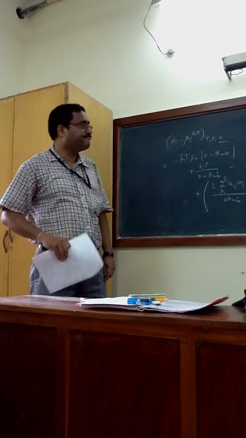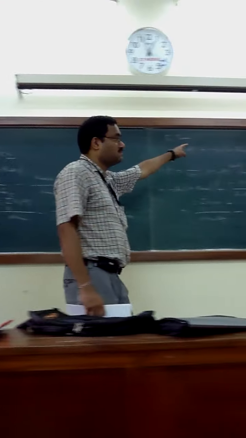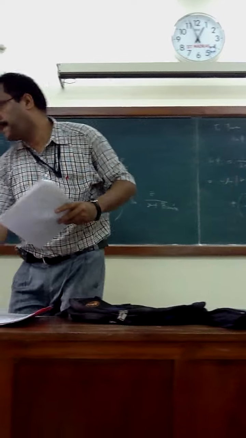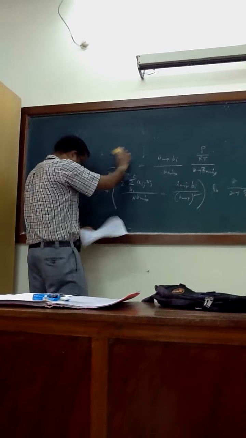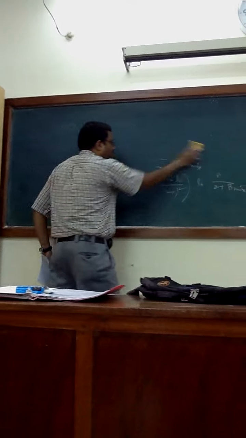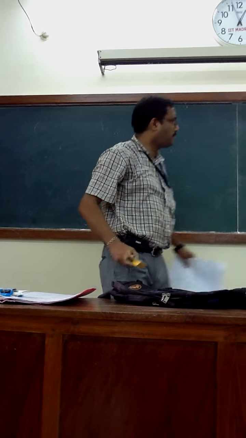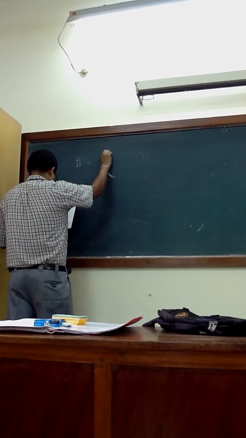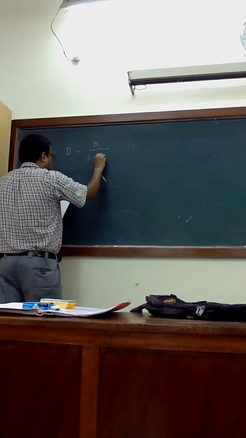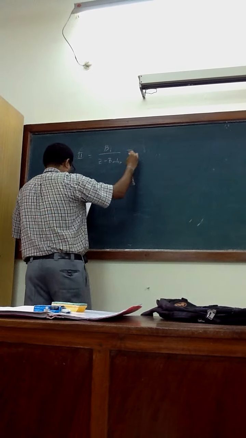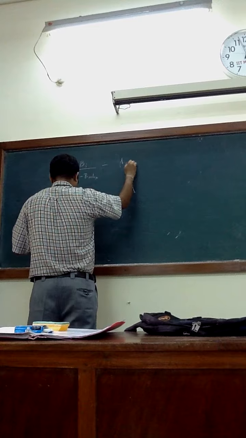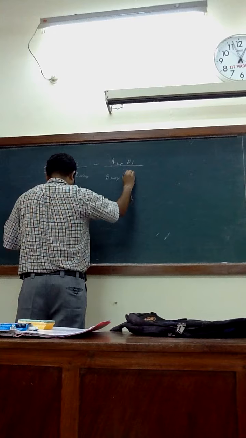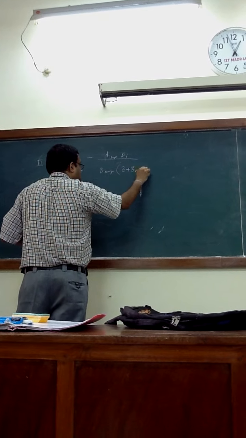How to proceed? See, the final expression is like this. That means this is not the final expression, you can further simplify. How to simplify? Let's see how we can simplify. The second term, which is B i by (Z minus B mix) minus A mix B i by B mix into (Z plus B mix).